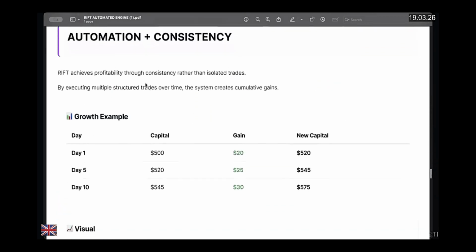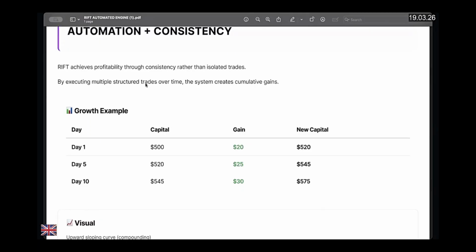So there is automation, and there is consistency as well. If you start with $500 on the auto trading engine, next day it becomes $520 with $20 profit. There is compounding as well inside the auto trading engine, which brings you bigger and bigger profit over your capital, which grows along with the profit.